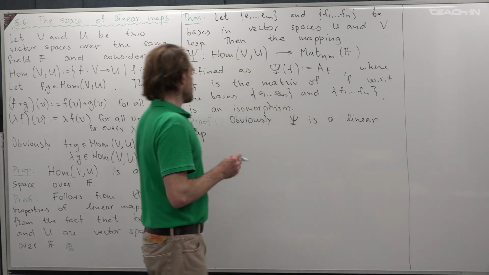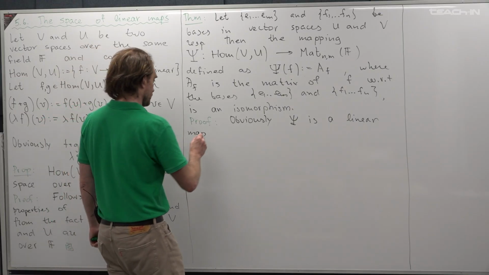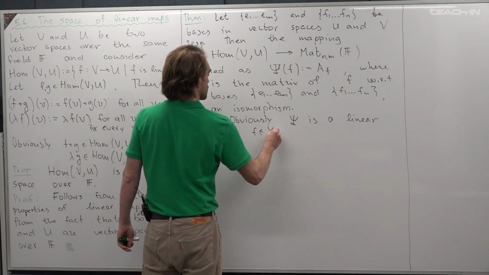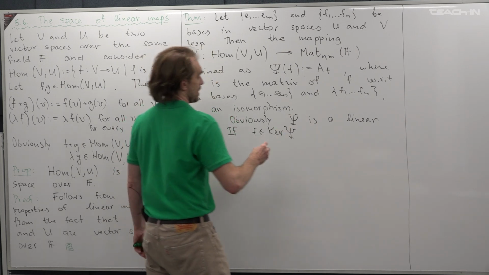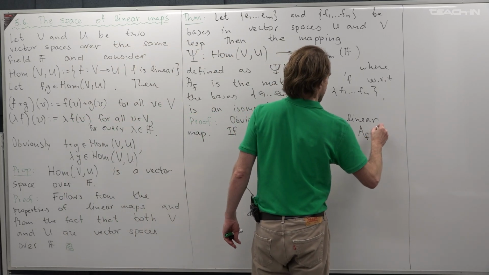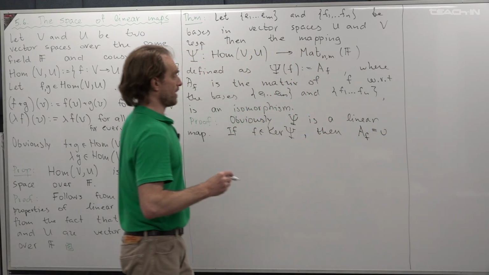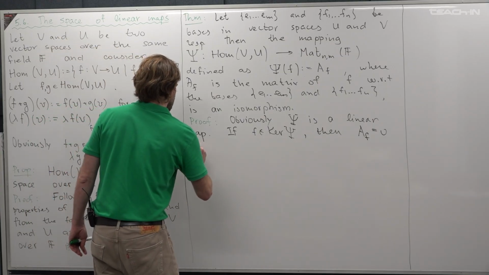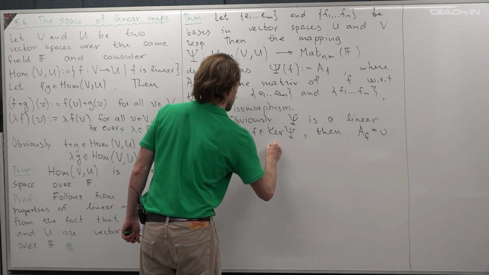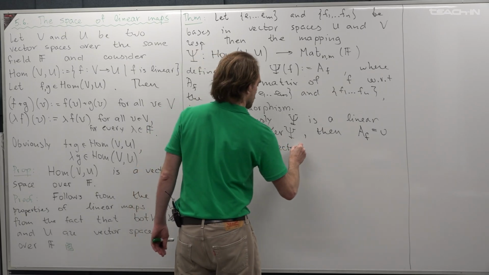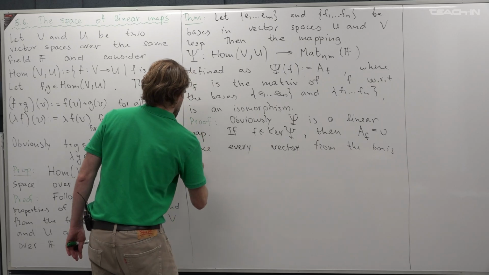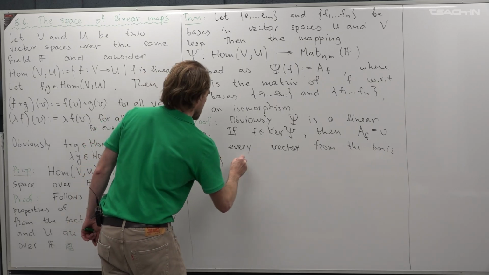And now let us consider its kernel. So if f belongs to the kernel of psi, then the matrix of f is 0, so this is the zero matrix, and this means that every vector from the basis e1, etc., em goes to 0.